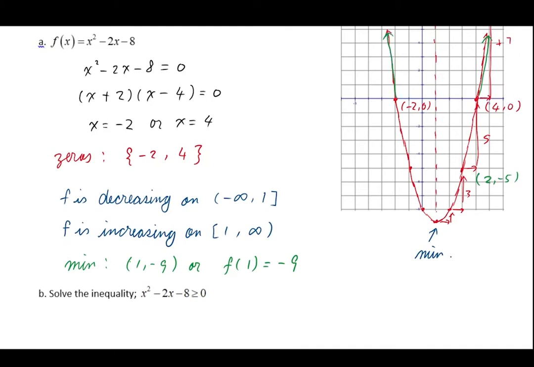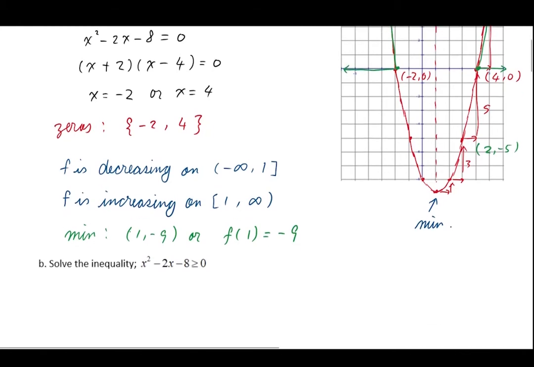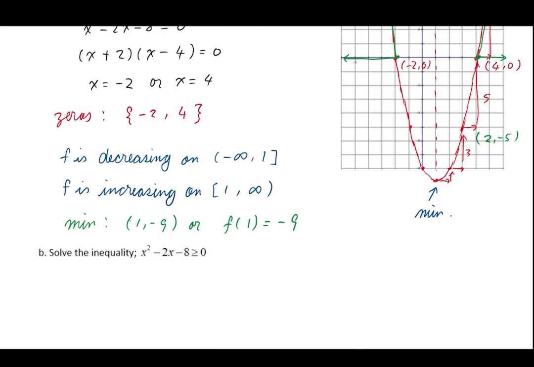So my x value that I want is this part and this part. Okay, so we can say this is true. First write it like this: x is less than or equal to -2, or x is greater than 4.